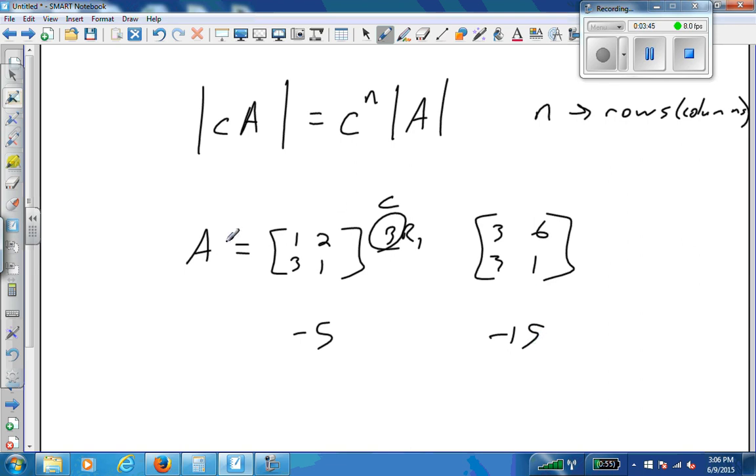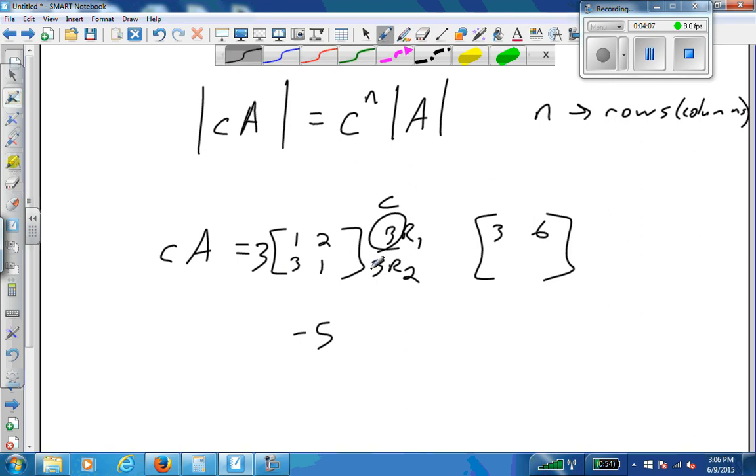But in order for us to multiply A, the whole matrix, by a scalar, for example 3, we would have to multiply the first row by 3 and all other rows by 3. So in this case, we would also multiply the second row by 3. If we multiply the second row by 3, we get 9, 3.